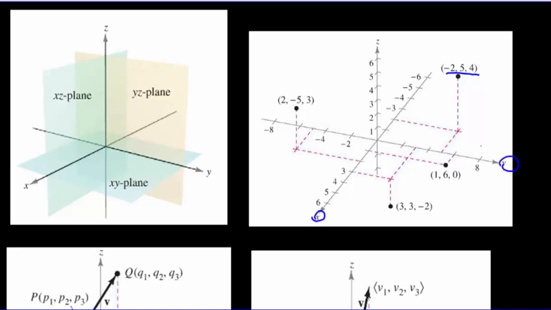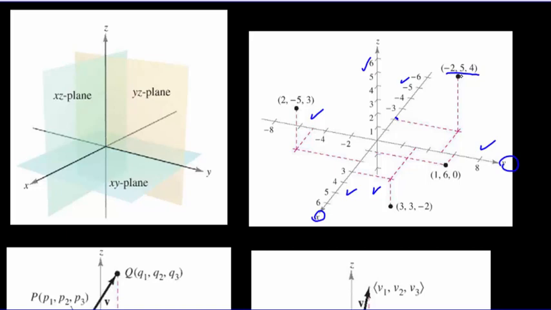Positive y's are over here, negative y's over here, positive x is here, negative x is here, and then positive z's are up here, negative z's down here. So if you wanted to plot -2, 5, and 4, you go to -2 on the x, then you go up here to 5 on the y, and then up to 4 on the z, and you get that point right there. That's the way you plot these ordered triples.